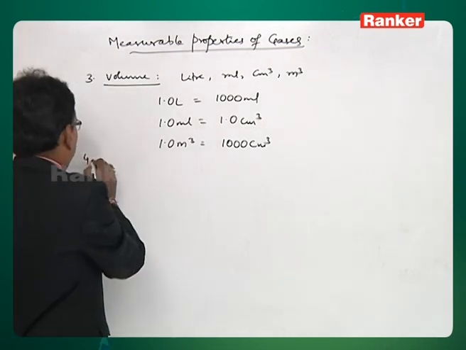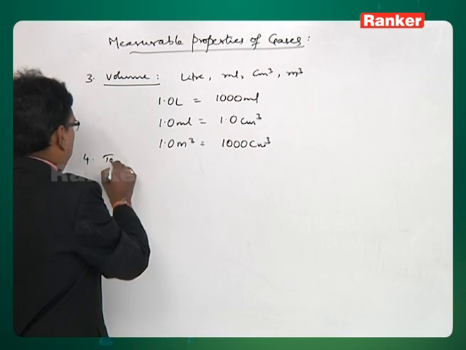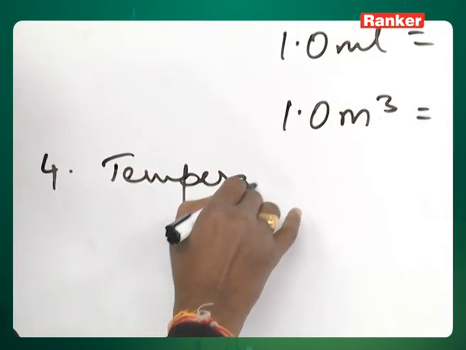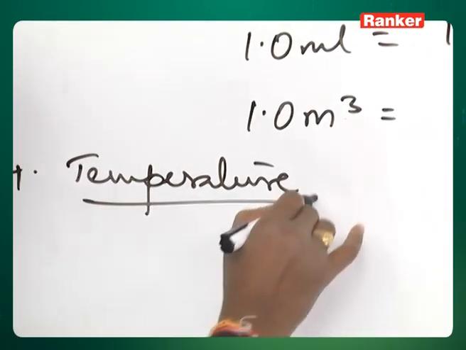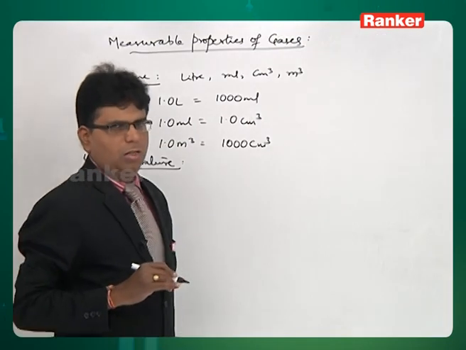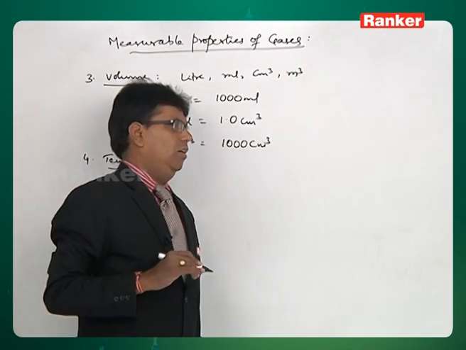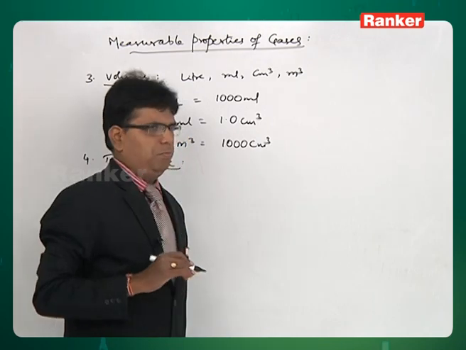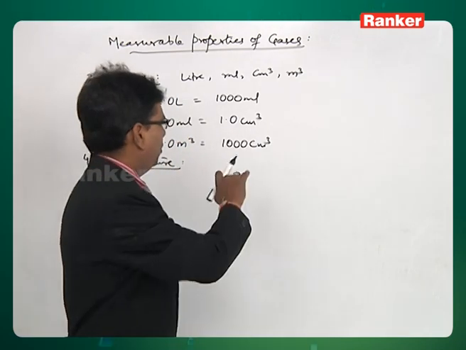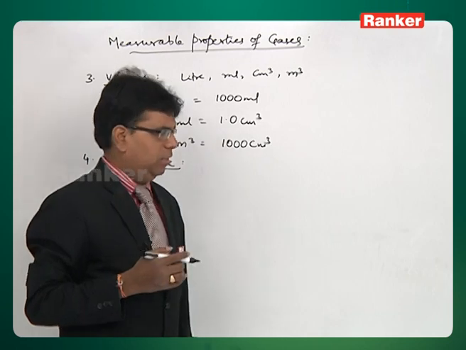Then the next measurable property is temperature. Temperature is a parameter which is something different from the previous things that we did.